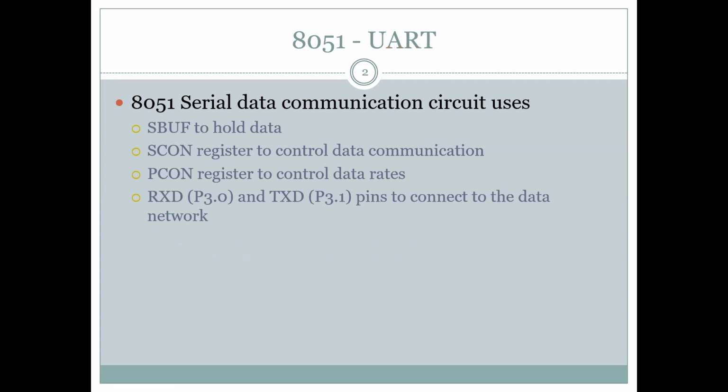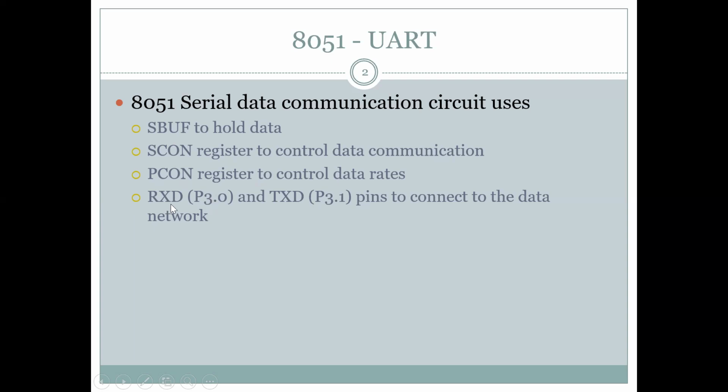In 8051, to have this UART module, the circuit uses one buffer register called SBUF, the serial buffer register, to hold the data to be transmitted, and one control register called the serial control register to control the data communication, and another register, PCON, the power control register, to control the data rate, and two hardware pins.